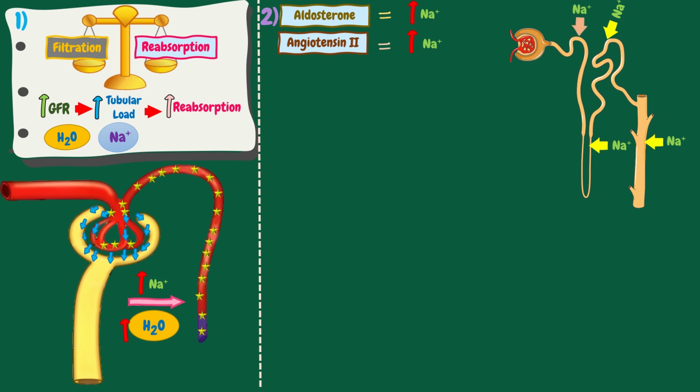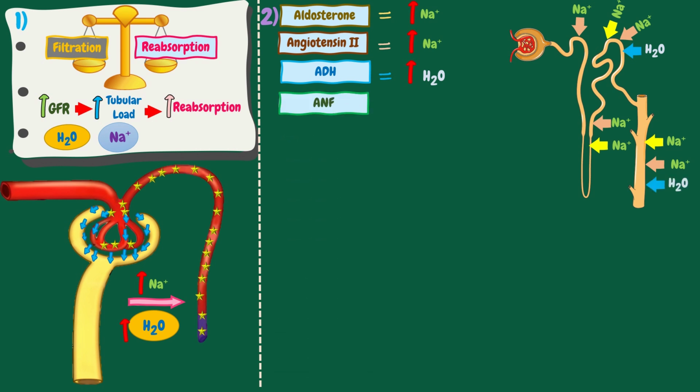Angiotensin II increases sodium reabsorption in the proximal convoluted tubule, thick ascending limb, distal convoluted tubule, and collecting duct, but mainly in the proximal convoluted tubule. Third is the antidiuretic hormone.